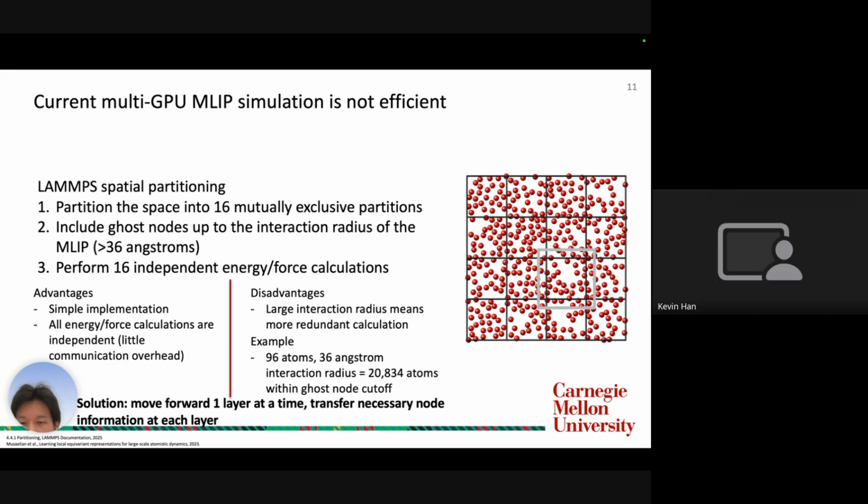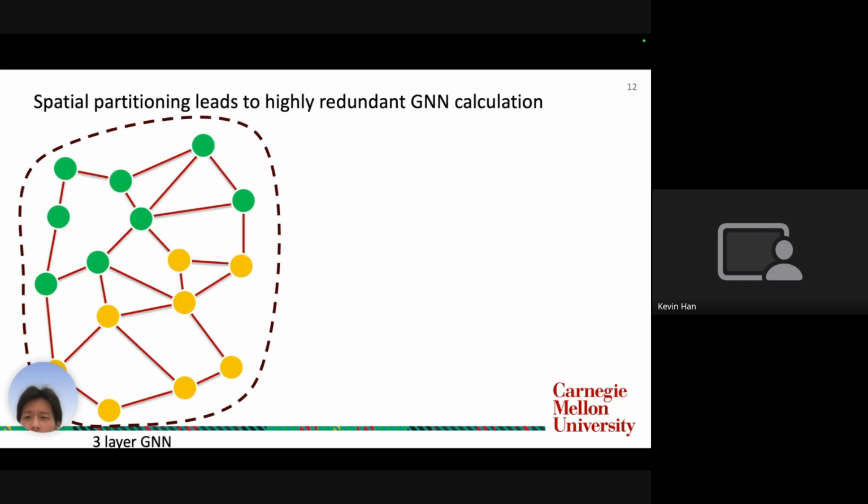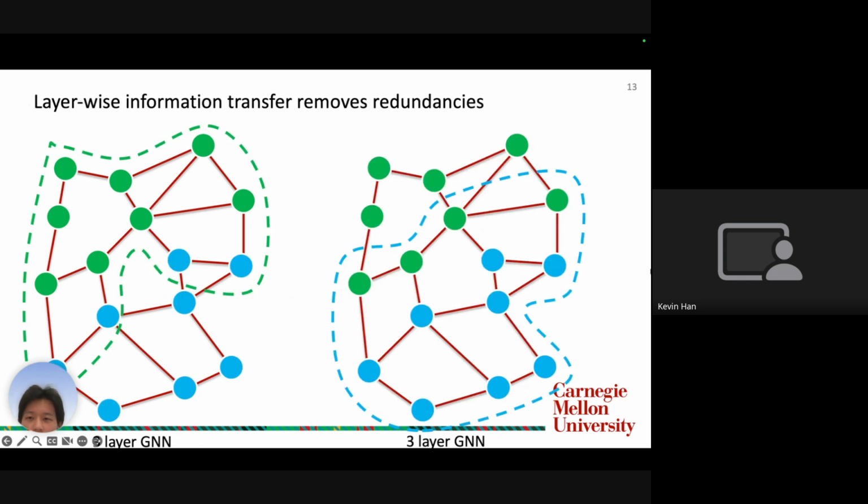The solution that we propose is a very simple one, but the implementation gets a little tricky: we would ideally move forward one layer at a time and then transfer the necessary node information after each layer. If we consider LAMMPS spatial partitioning with a simple graph, we have the green partition with the green nodes and the yellow partition with the yellow nodes.